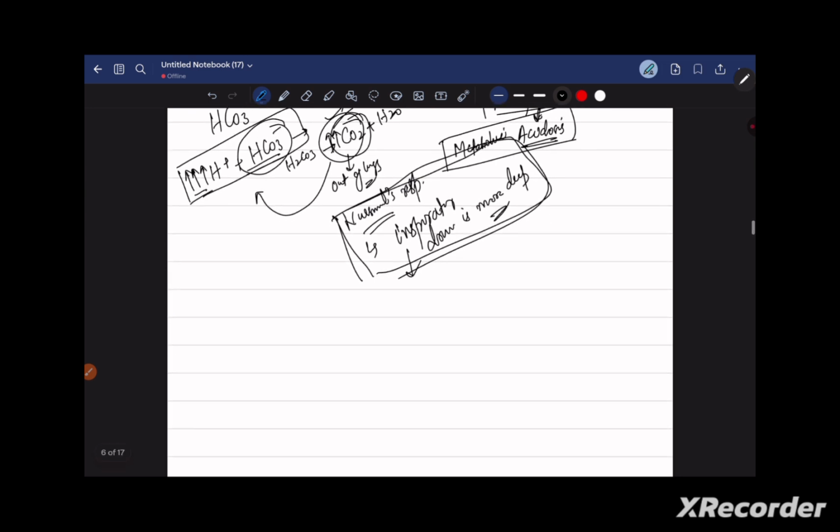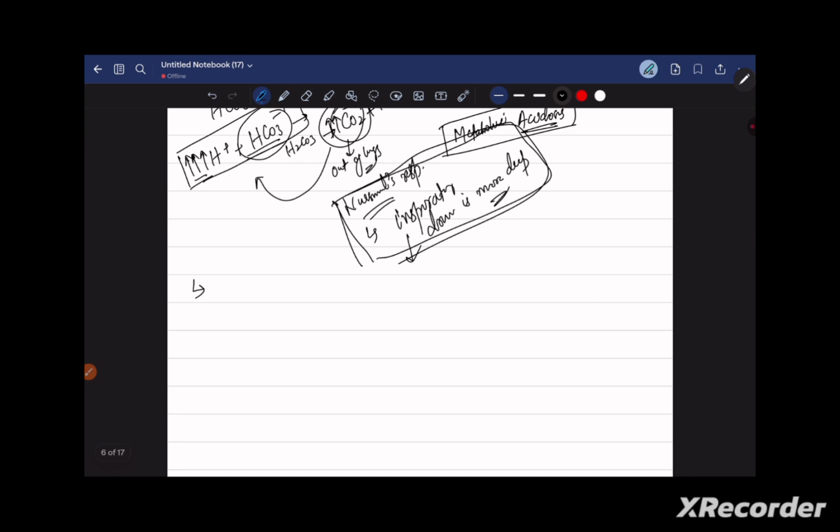And when you go for arterial blood gas analysis, consider a patient who comes to you with complaints of vomiting, lethargy, and altered stupor, and it's a case of type 1 diabetes mellitus.